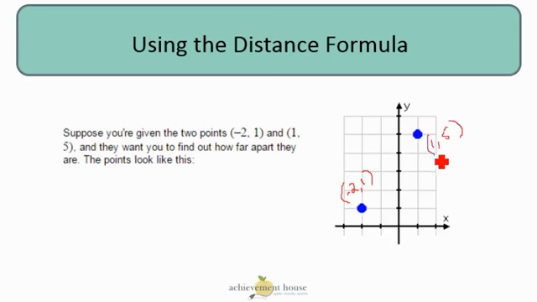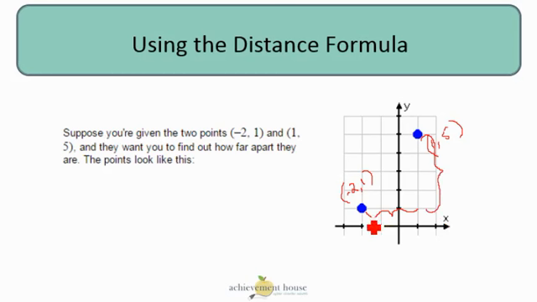Now what the distance formula is doing is it's finding the absolute value by squaring and then square rooting the sum. It's finding the positive value of the distance between the x's and the distance between the y's.